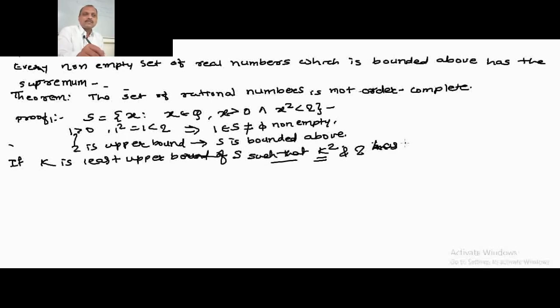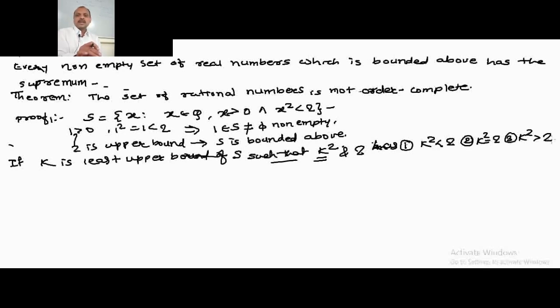By the law of trichotomy, either K square is less than 2, or K square is equal to 2, or K square is greater than 2. We have taken S as the set of rational numbers which are positive and whose square is less than 2.